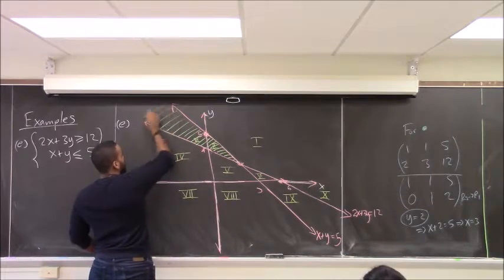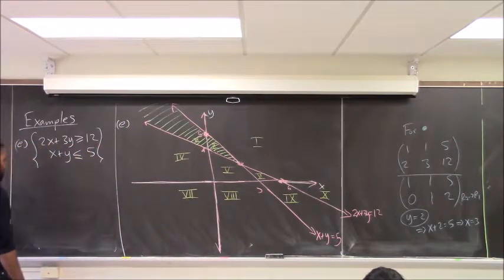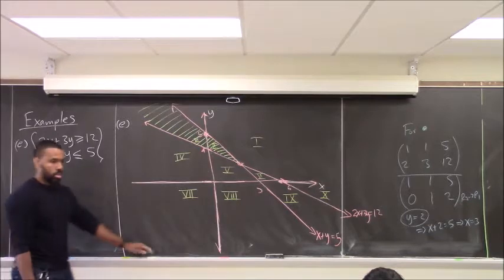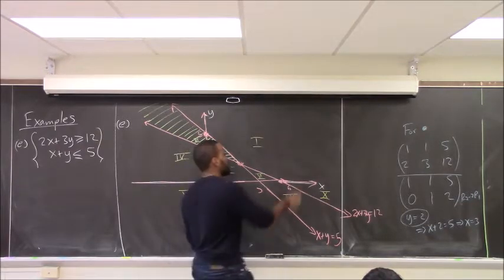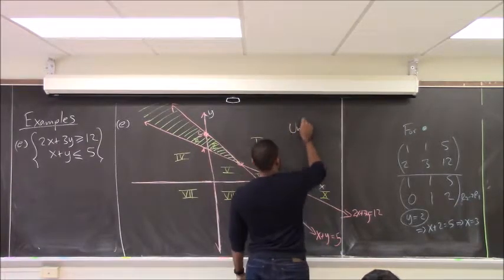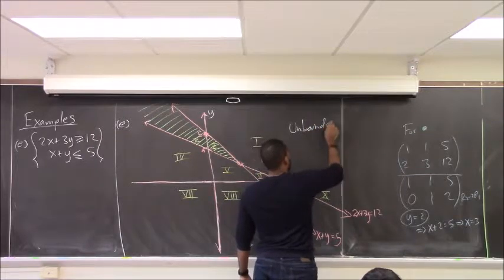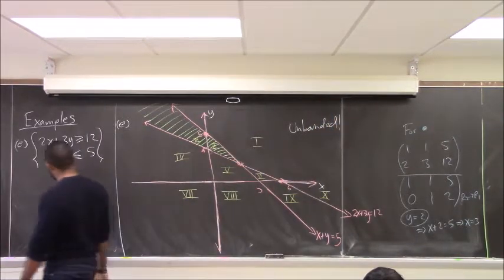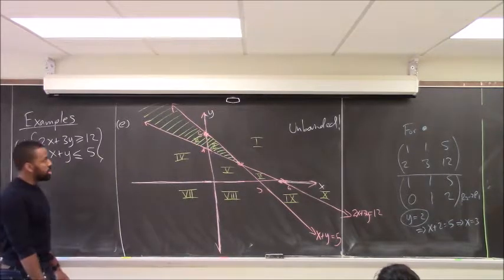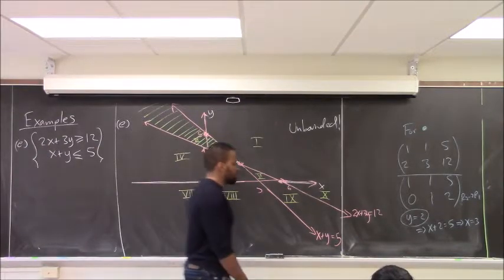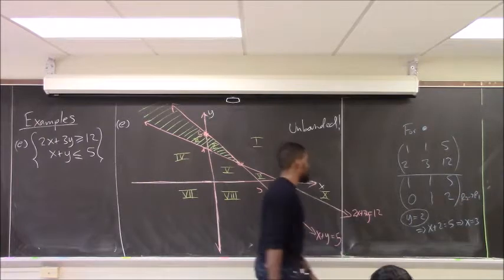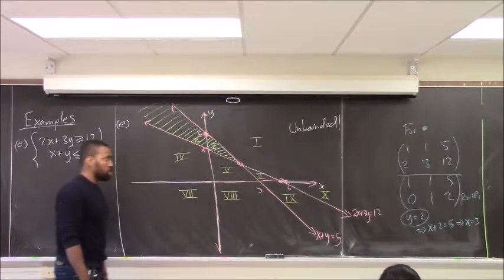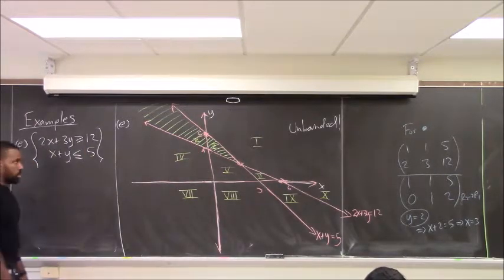Keeps going back. Bounded or unbounded? Unbounded. Now, bounded or unbounded is important because there are certain times when a certain kind of solution we're looking for might not exist for unbounded regions, but for bounded regions, the solution always exists.